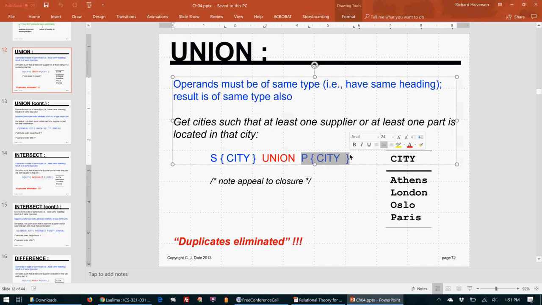So we have a rel var and an operator and a rel var, and they're of the same type. So you can do a union on them, and this will take the union of them, which is all the cities, but it'll get rid of the duplicates.